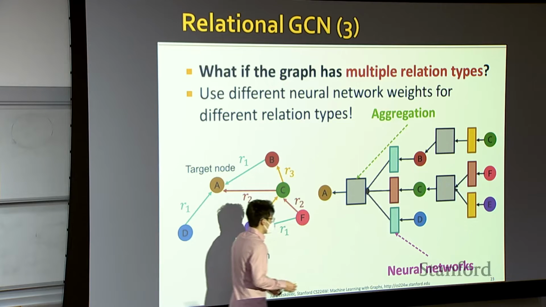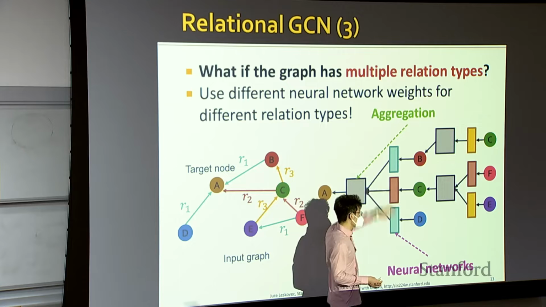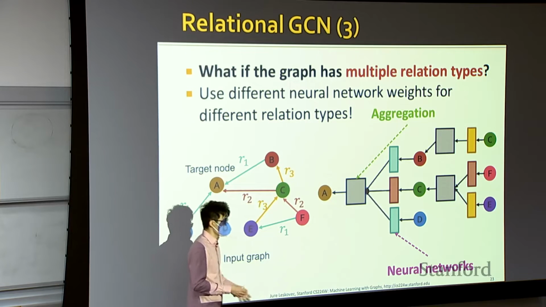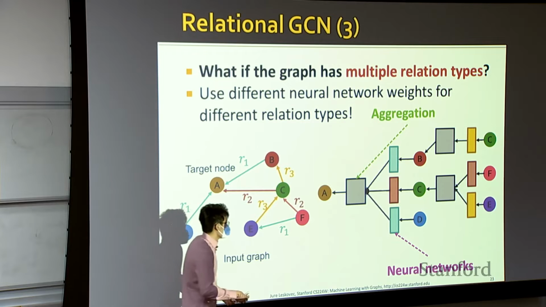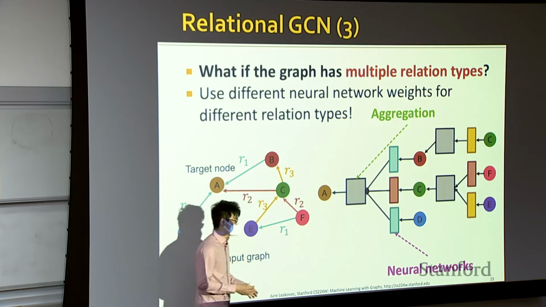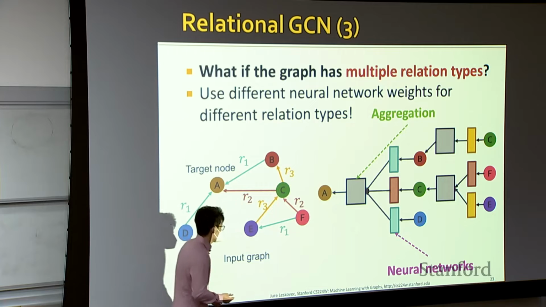Remember that earlier, all the neural networks or weights were in gray color, which means that they are shared across all the nodes. Now, because we know there are different types of interaction, we will use different colors to represent different types of interactions. So let's see some examples.